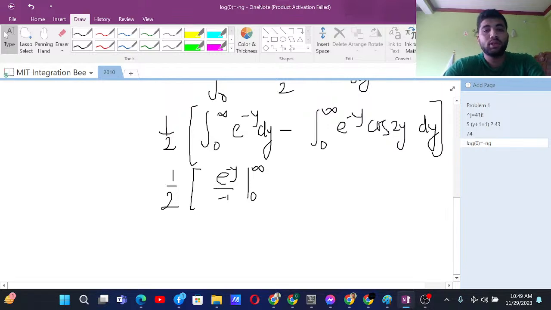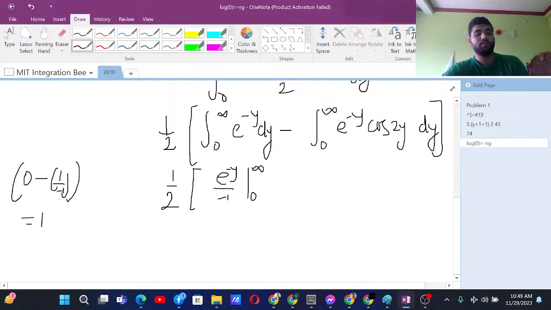So this will be 0 at infinity, and minus the value at 0, which is e to the power 0 is 1, divided by minus 1. This minus gets plus, so this one is just 1.